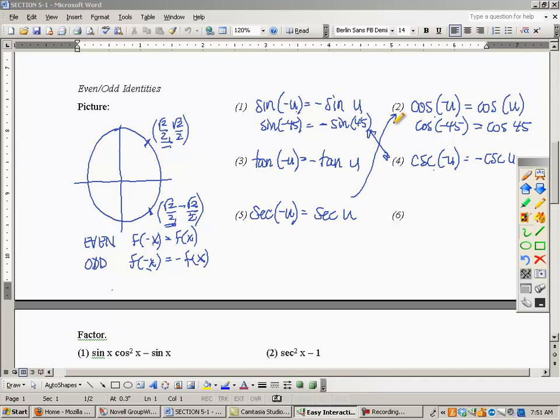And again, these two are tied together because they're reciprocal functions. And my last one, the cotangent of a negative angle is the same thing as the negative cotangent of the angle. And again, they're reciprocal functions, so they should match.